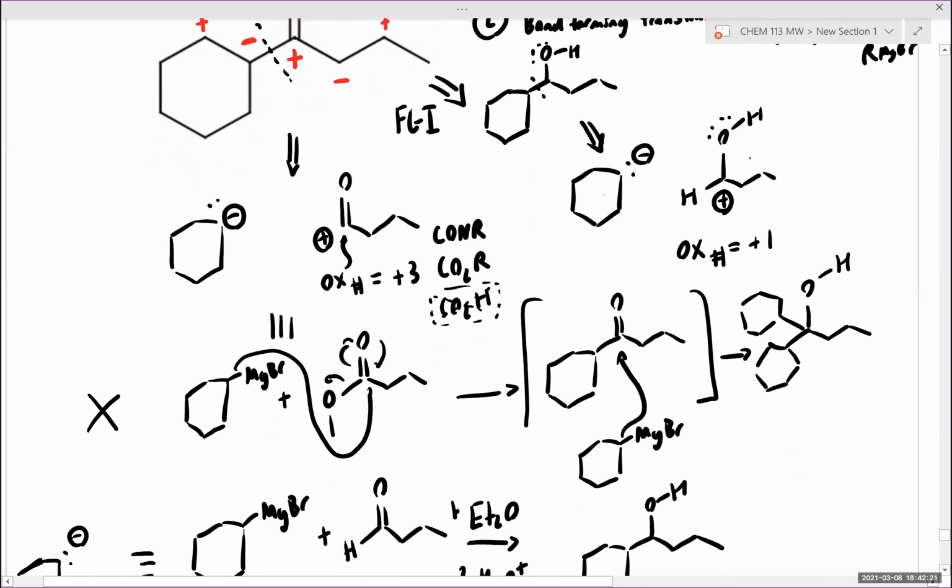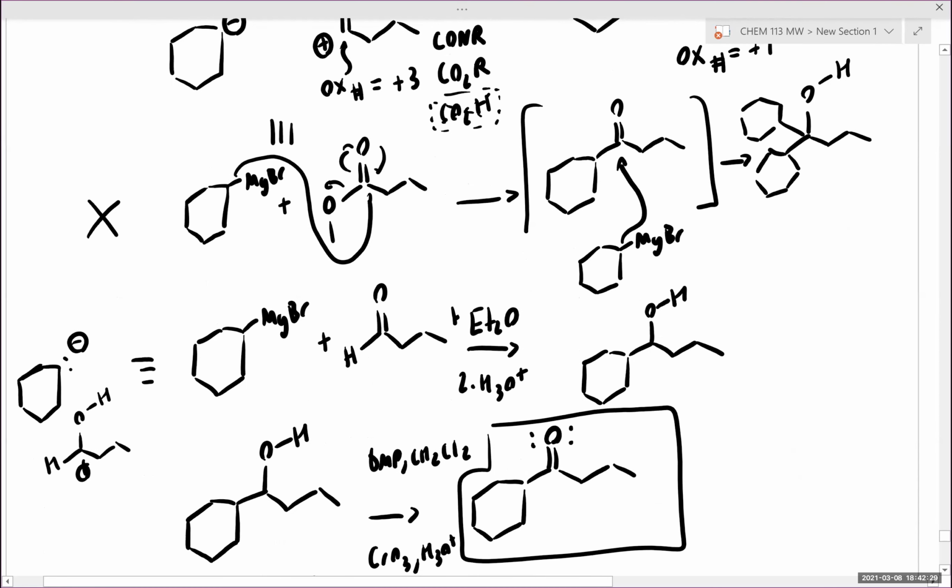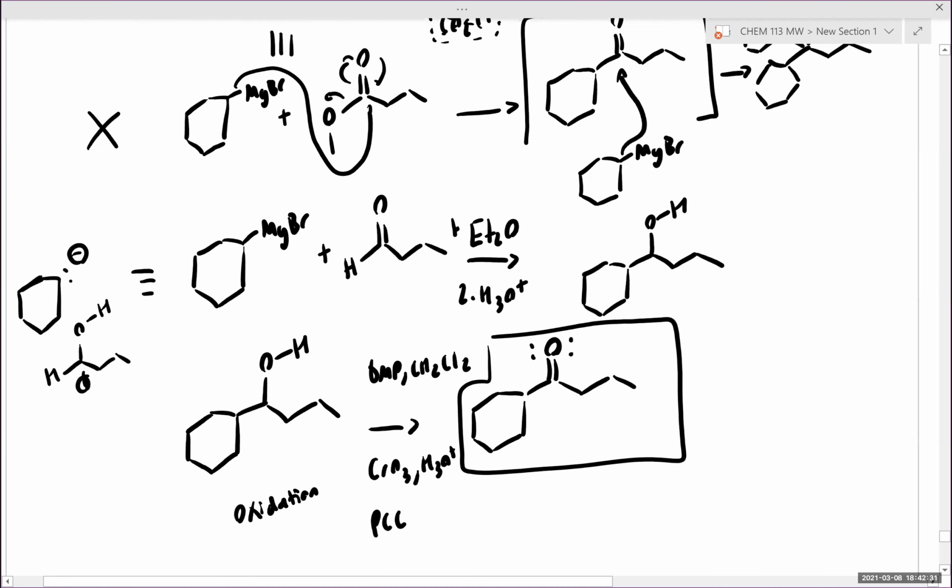It's very difficult to directly generate our ketone due to this chemoselectivity issue. However, we can easily make the alcohol and then oxidize that alcohol up. So you should be aware and you should think about these functional group interconversions. You should think about oxidation and reduction as tools to plan your synthesis and retrosynthesis.